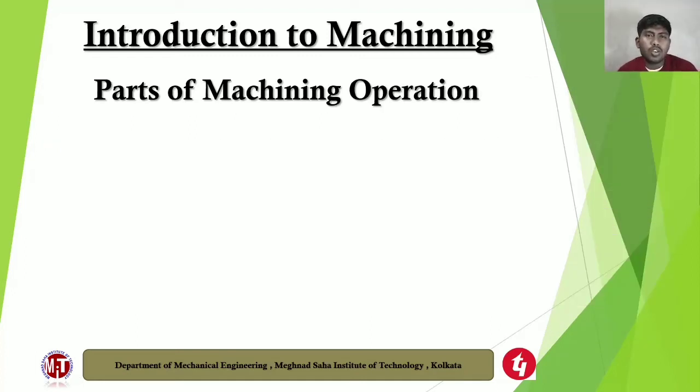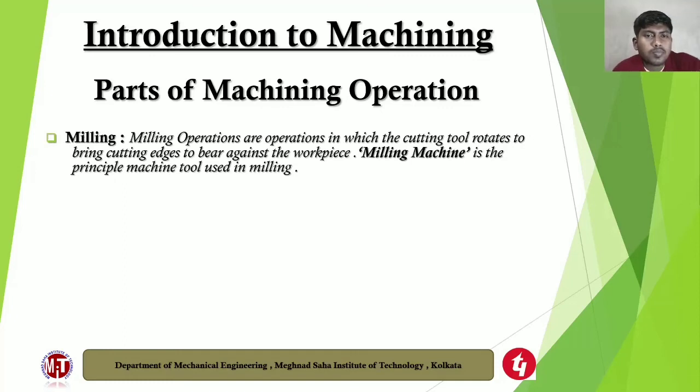Next, now milling. In milling, the cutting tool rotates to bring cutting edges to bear against the workpiece, and its principle of application is the milling cutter and degrees of freedom.